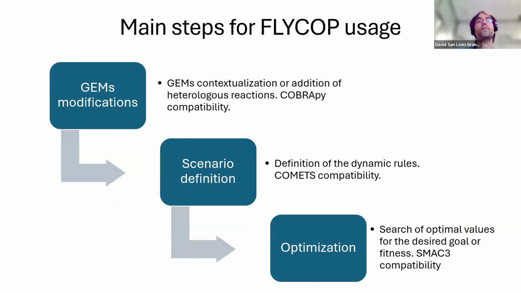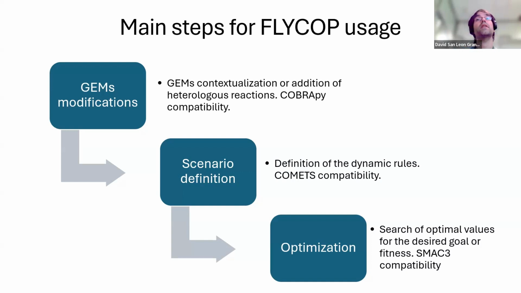So the idea to use FLYCOP is, first, of course, you need the gene modifications that you want, to mimic the reality of your problem. When you are using genome-scale metabolic models, if you have, for example, mutants, you should remove the reactions associated with the mutants. Or if you know, for example, the uptake or the production rate of a specific metabolite, you should add this information to the metabolic model before using FLYCOP.